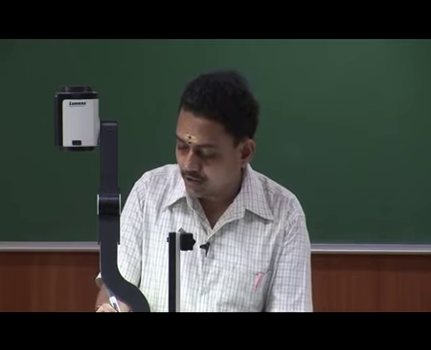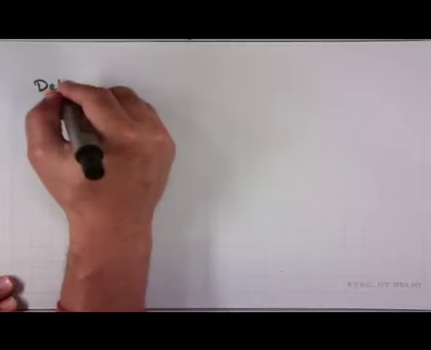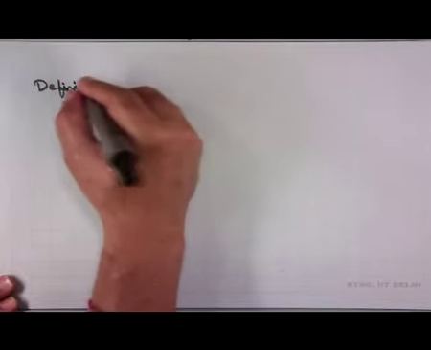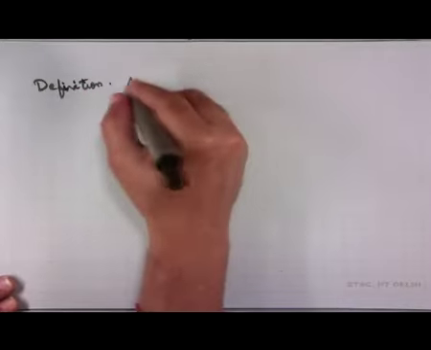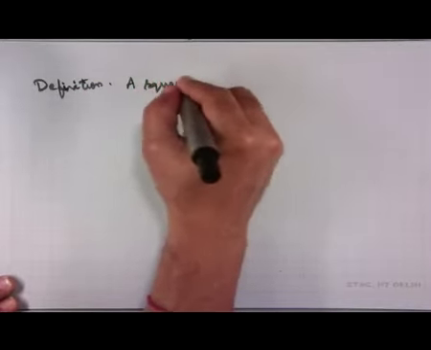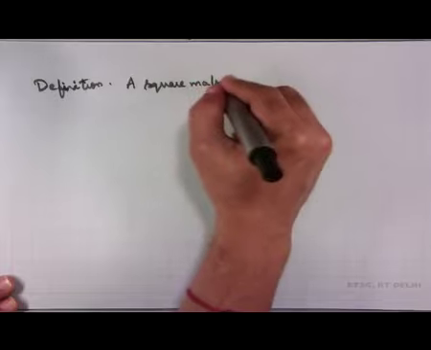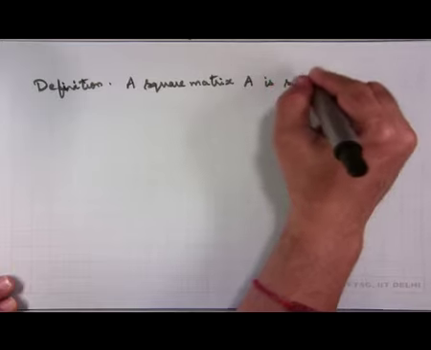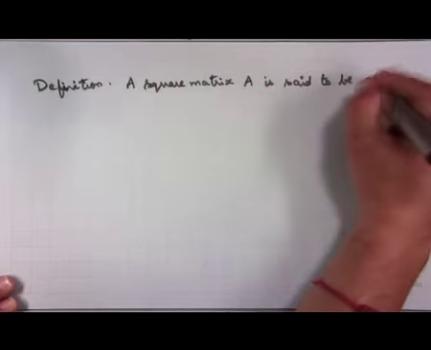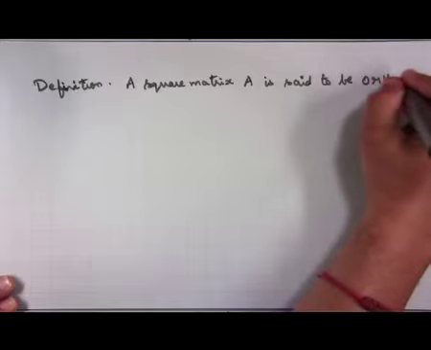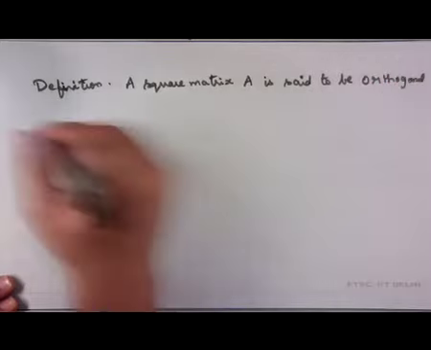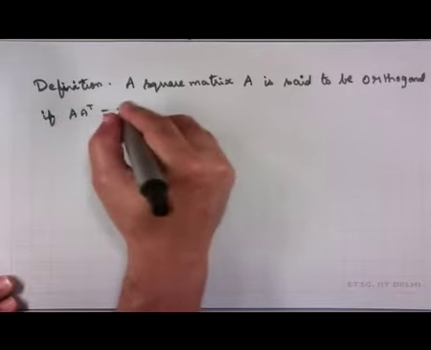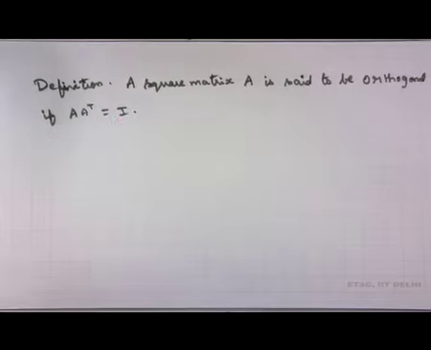Before we proceed to the next one, let us define what is known as an orthogonal matrix. A square matrix A is said to be orthogonal if A A transpose equal to identity, right.